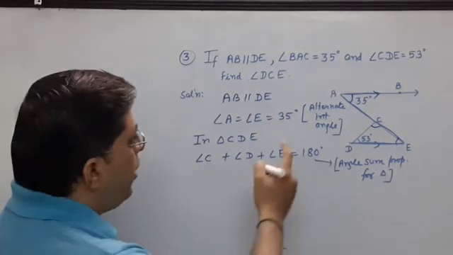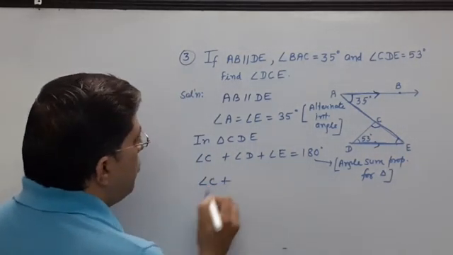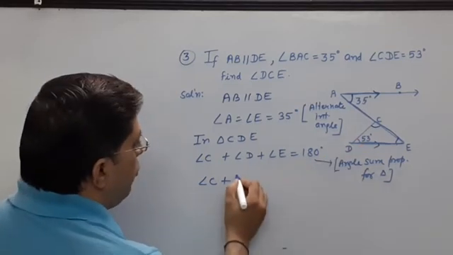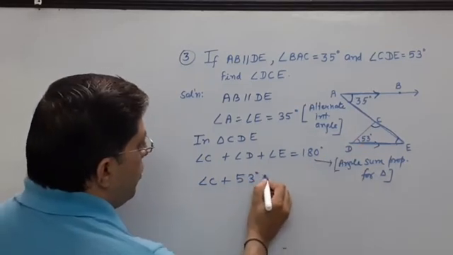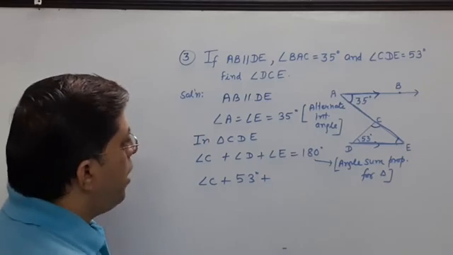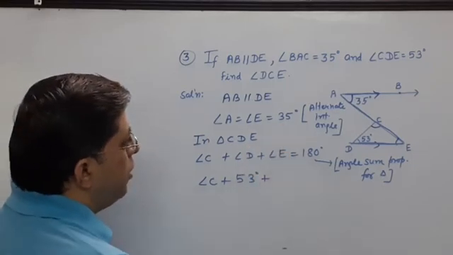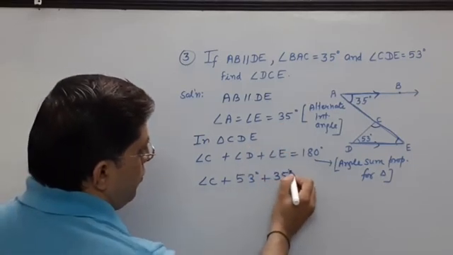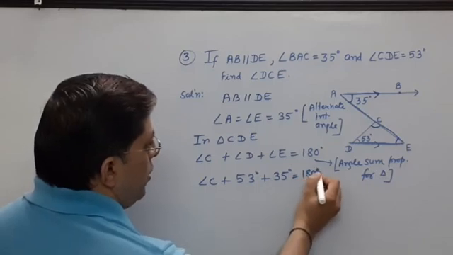You have to find angle C. What is angle D? It is given to you 53 degrees. And what is angle E? Angle E is clearly 35 degrees.